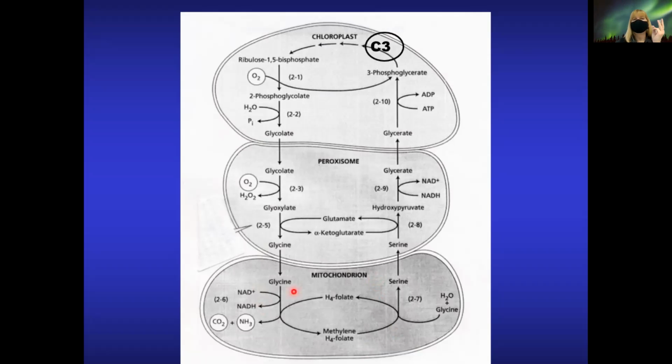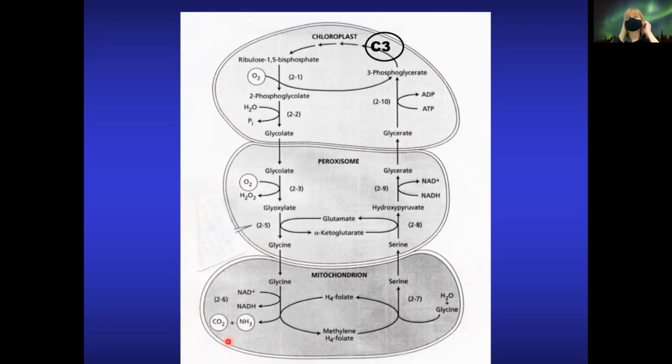So we went from a 2-carbon glycine, a 2-carbon glycine, so that's 4 carbons, but we only see a 3-carbon leaving. So that means we're missing a carbon, and that's where the CO2 is coming in. So we're losing a carbon molecule in the form of CO2 in the mitochondria. So this is where they say there's a loss of carbon.